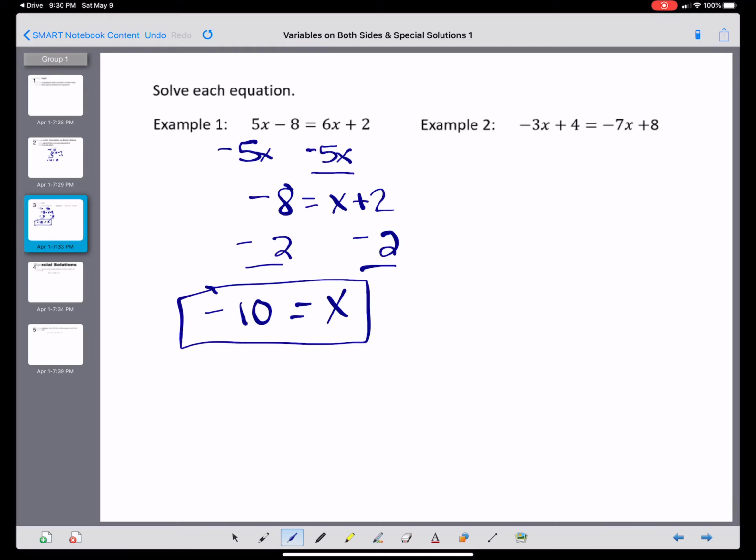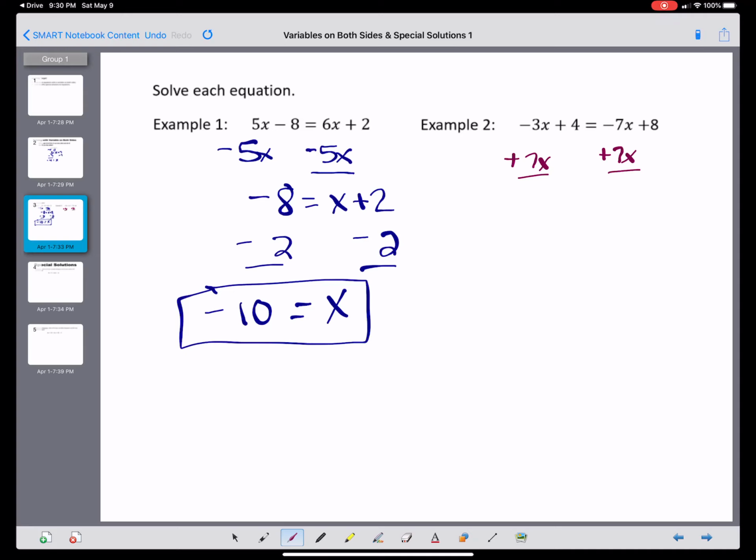Okay, so now let's look at example number 2. And again, if we're going to move the smallest variable, the smallest variable here is the negative 7x. Okay, remember, negative 7 is smaller than negative 3. So I'm going to add 7x to both sides.